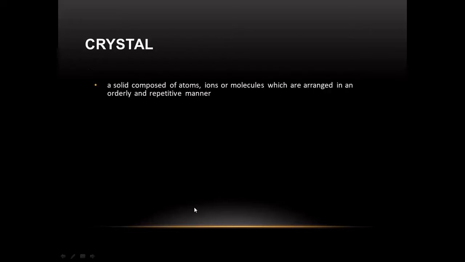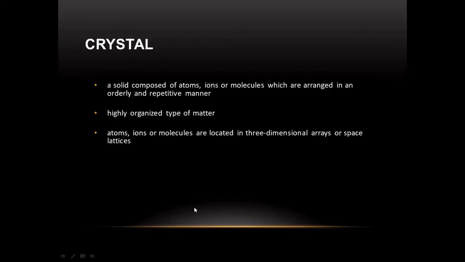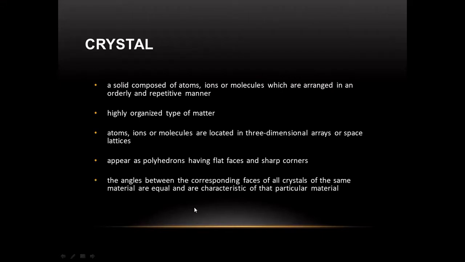Now, when you speak of crystallization, there are two terms that come to mind. We have the crystals and the magma, where these crystals came from. When you speak of crystals, you have studied this in detail in your material science. It is a solid composed of atoms or ions or molecules which are arranged in an orderly and repetitive manner.